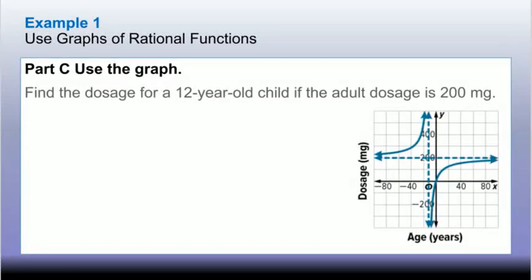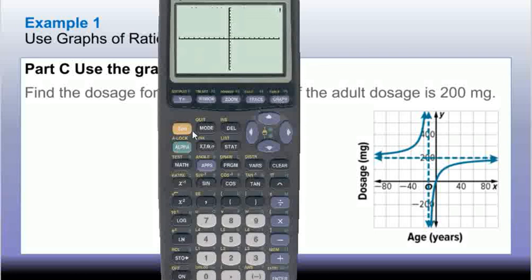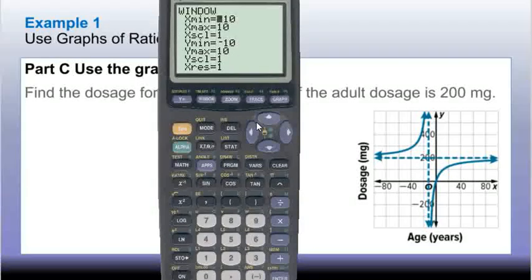Okay, now we're going to use the graph. It says find the dosage for a 12-year-old child if the adult dosage is 200 milligrams. So here I would just put 12 in for x. Since I have it on my calculator, if I go to graph and change my window settings, let's do the x maximum 80, count by tens.